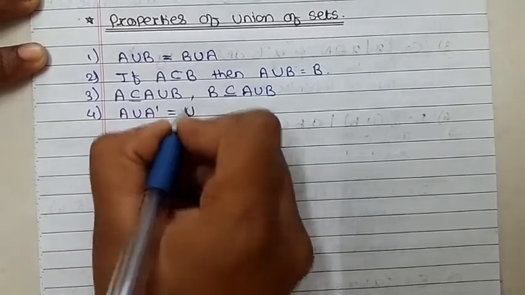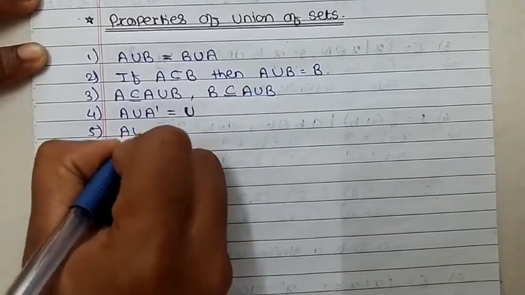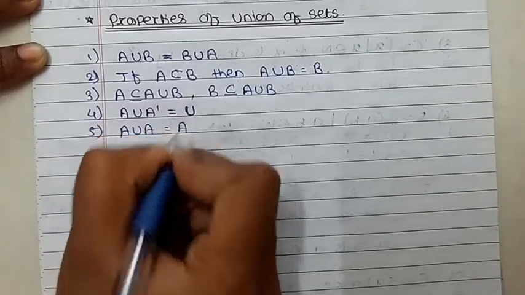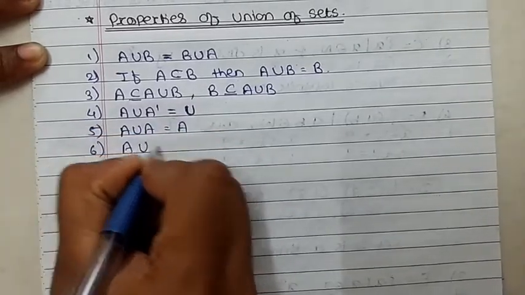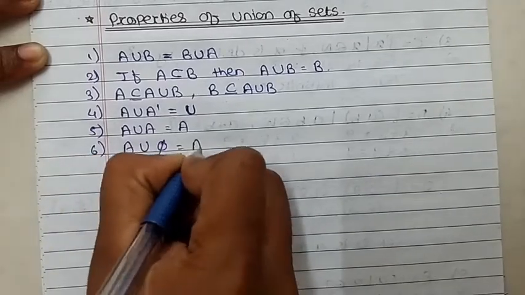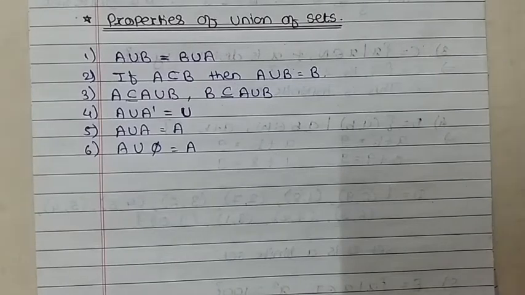The universal set. Clear? Then the fifth one: A union A is equal to A. Then the last one: A union phi is equal to A. Clear? These are some properties of the union of sets.